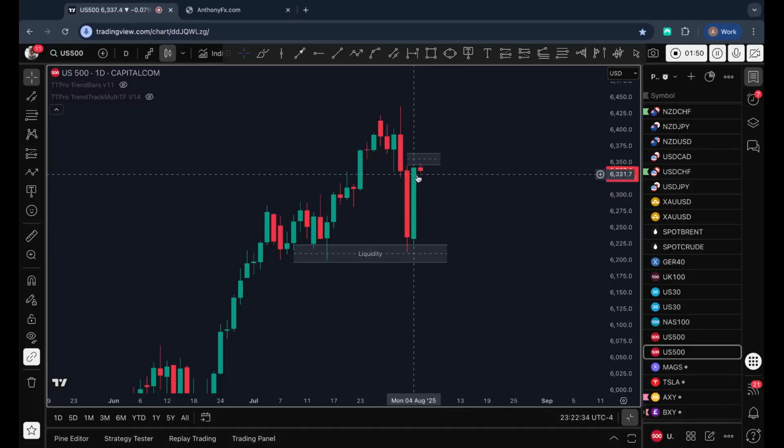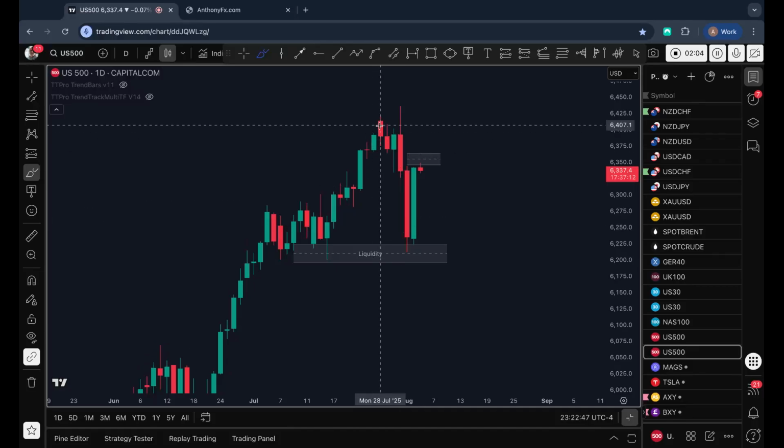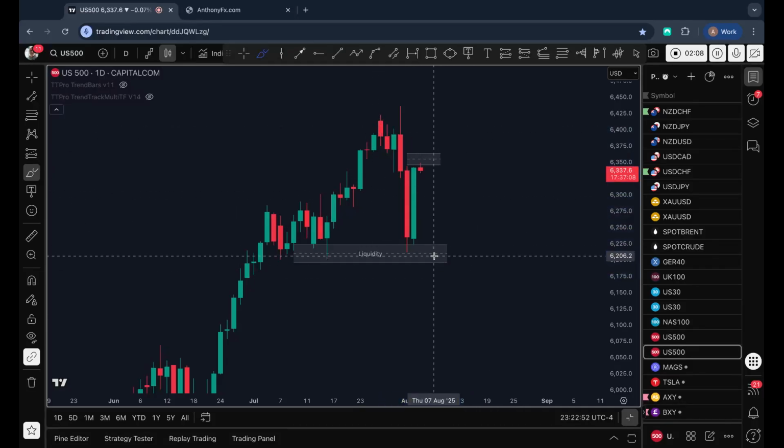It's an extreme move. So I'm always expecting the market, if it takes an extreme move, whether it's going to be bullish or bearish, to move from here.